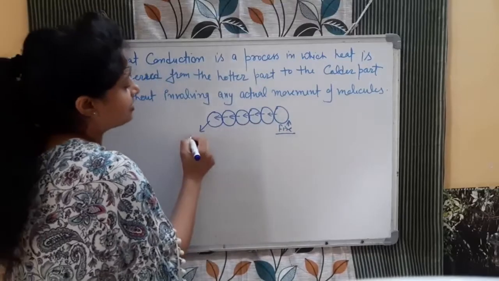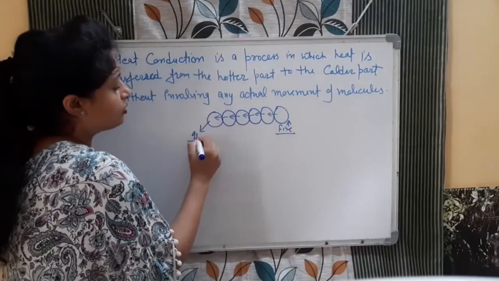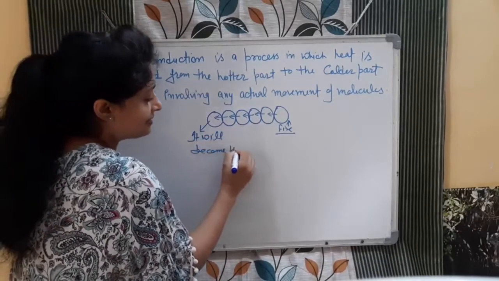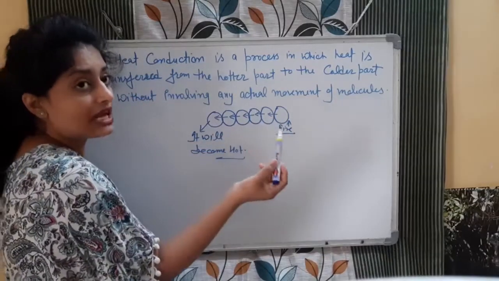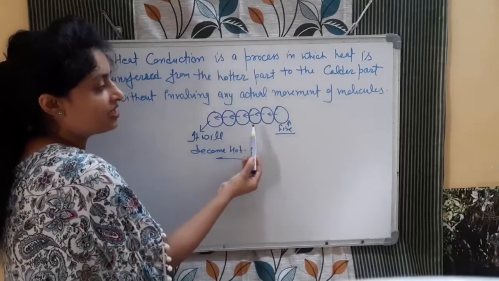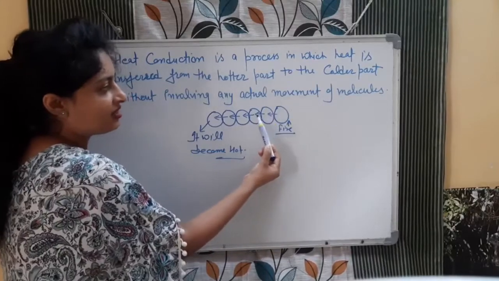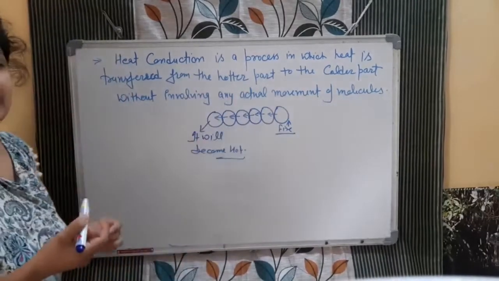And if we touch this particular part with our hand, after some time it will also become hot. In this case the molecules are not changing their position. Not like this molecule is coming here and this one is going there. No, they are at the same position, vibrating in their place, and transferring the energy without any actual movement of the molecules. So this is known as the conduction method.